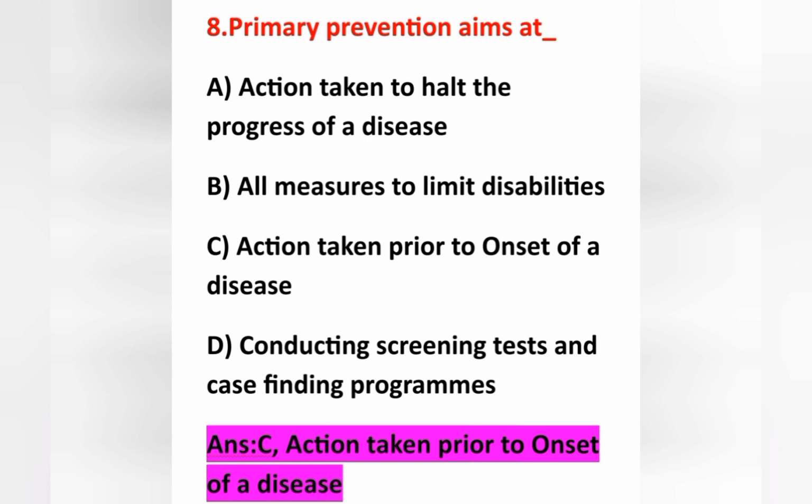These are all some specific protection methods. So primary prevention aims at action taken prior to onset of a disease. Option C is the correct answer.